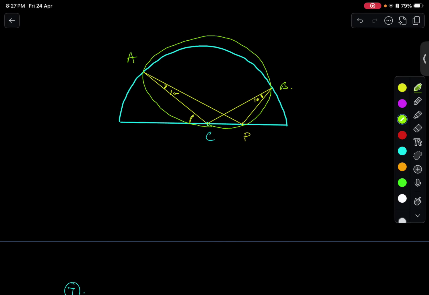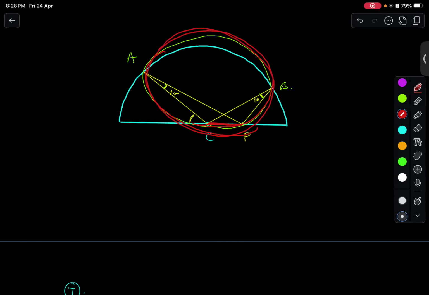Can I say I can draw a circle something like this? Because this angle is 10 and this angle is 10. And I'm taking this as a chord, right? So this must be a circle, right? Going through all this thing. Can I say this?